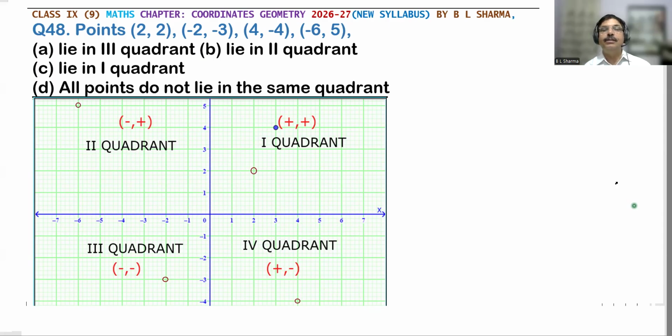It means all three are lying in different quadrants. So what is your answer? All points do not lie in the same quadrant, or you can say all points lie in different quadrants.